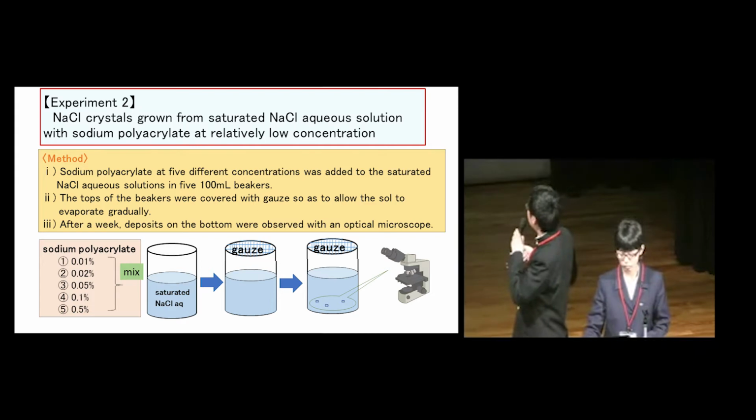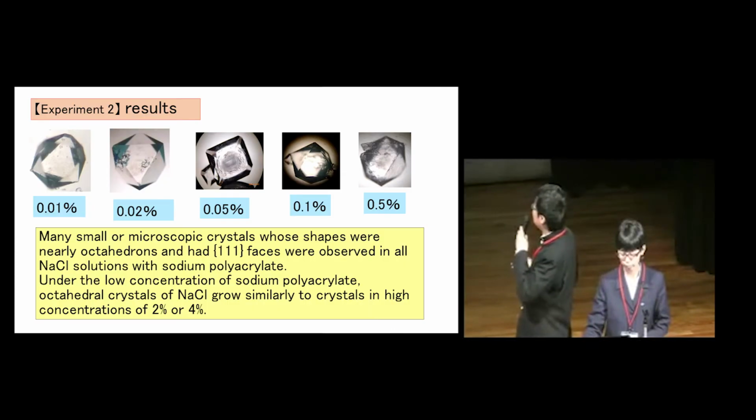After a week, we observed the deposit on the bottom with an optical microscope. These are the results. We observed many small or microscopic crystals which had 111 phases in all NaCl solutions with sodium polyacrylate. And this result is similar to crystals in the high concentrations of 2% or 4%.